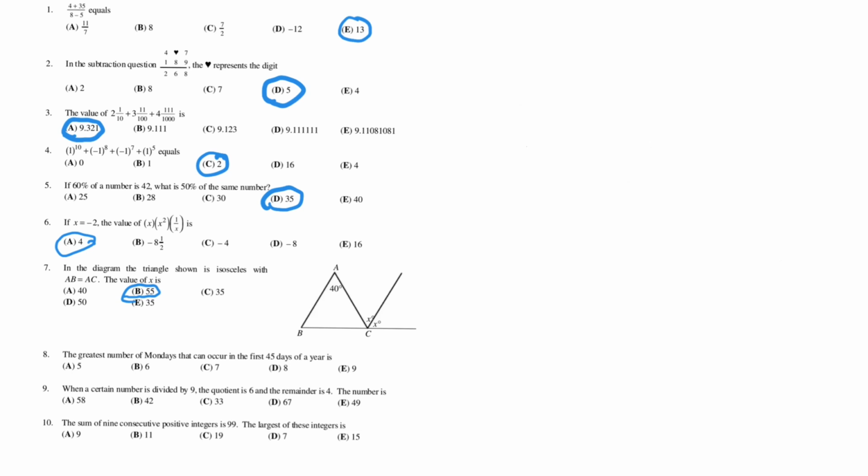Number 8: the greatest number of Mondays that can occur in the first 45 days of the year. We know 1 week is 7 days. We use 45 divided by 7, which gives us 6, remainder 3. So that means January 1st, 2nd, 3rd.